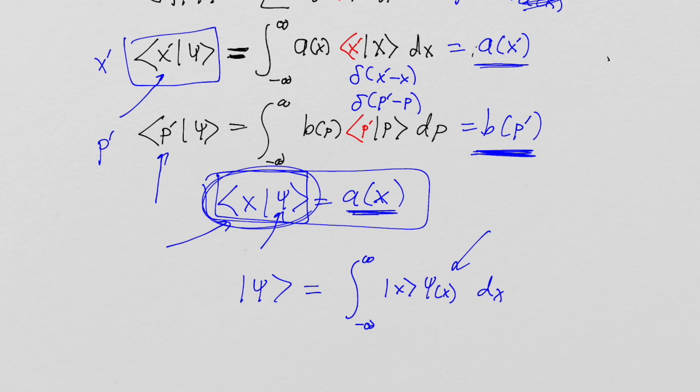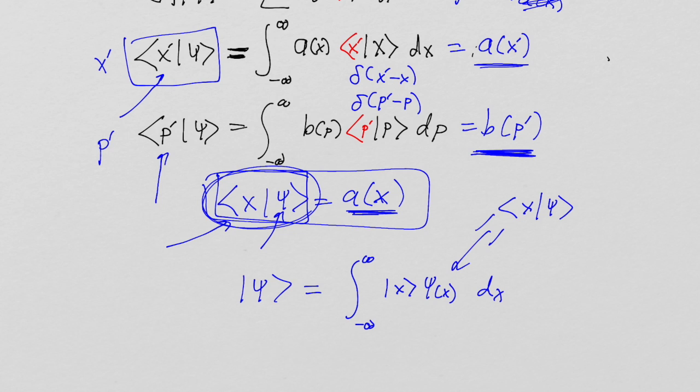And this now is the wave function, and it is literally defined as the inner product of x and psi, the bra x with the ket psi. That is the definition of that wave function right there. And in this formalism, the wave function is not a primary object, right? The wave function is just an expansion coefficient of the eigenket x in the case where x is a continuous observable.